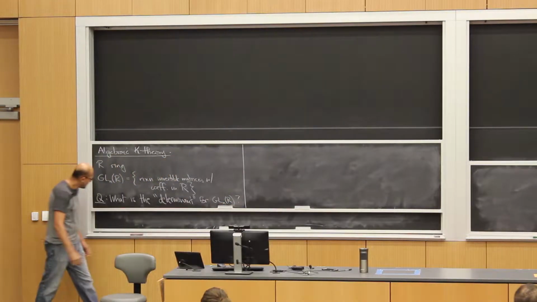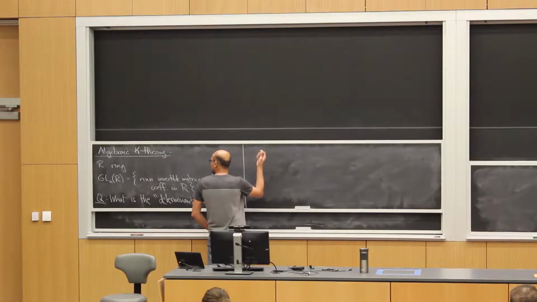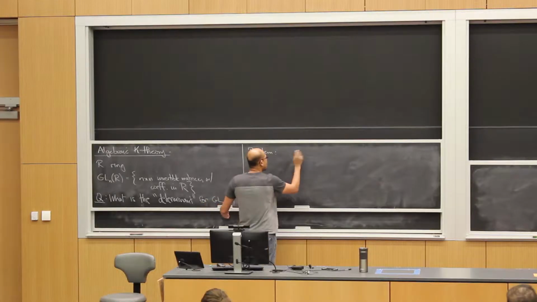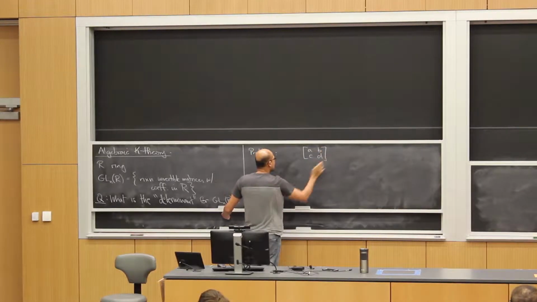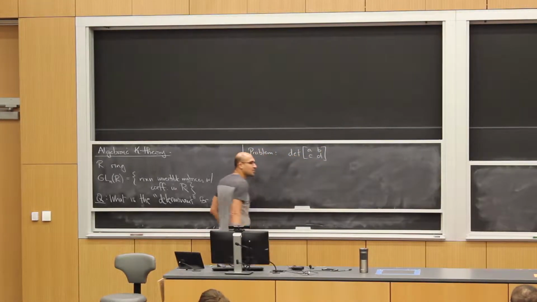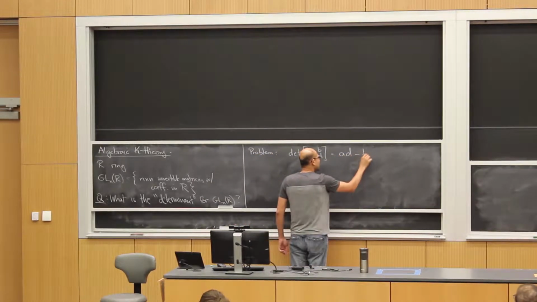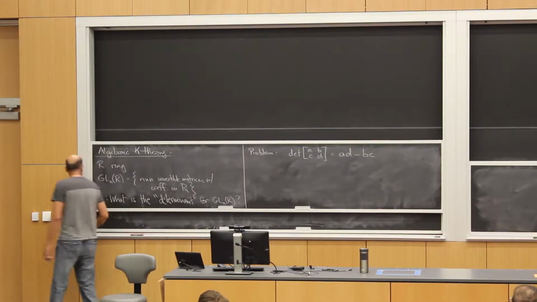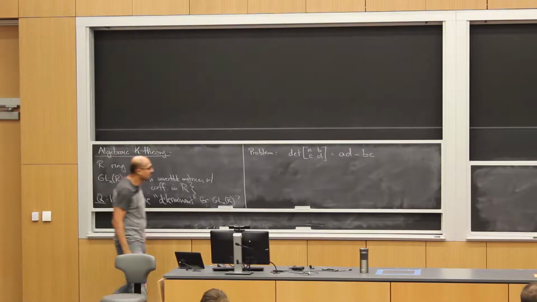Okay. So already, if you think of a 2 by 2 matrix, the problem is the following. If you've got a 2 by 2 matrix A, B, C, D, and you try to define the determinant the way you usually do, you might want to define it as AD minus BC. This is all fine and good if your ring is commutative. But if your ring is non-commutative, then you've got a problem.